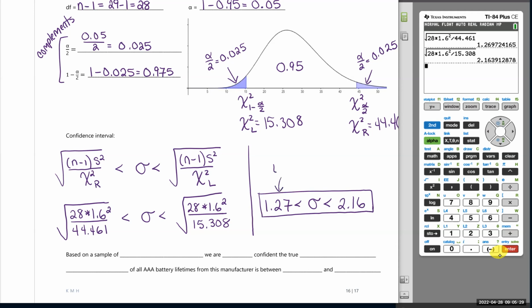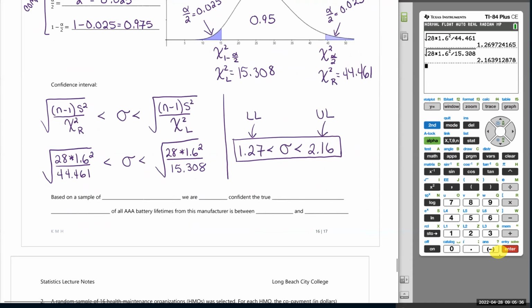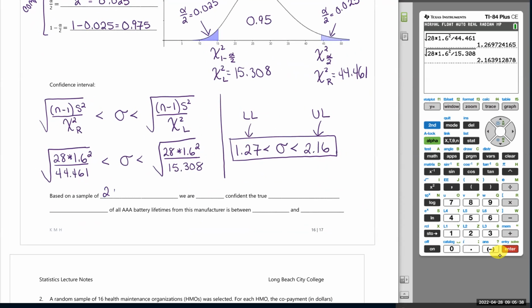On Alex, they might just ask you to say, what is your lower limit? What is your upper limit? And I'm going to complete the summary here: based on a sample of 29 AAA batteries, so using a sample to estimate a parameter, we are 95% confident that the true, remember we're measuring standard deviation, so we're not estimating how long the batteries last.